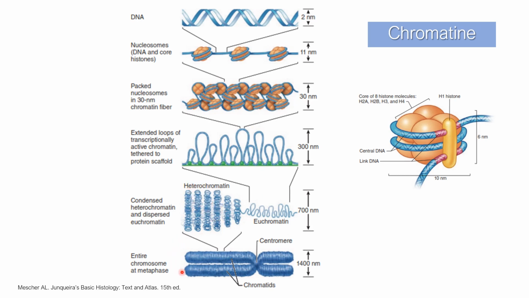And this is the metaphase chromosome with maximum packing of DNA. The chromosome consists of two chromatids. This is one chromatid and this is the other chromatid. These two chromatids are held together at a constriction called the centromere.